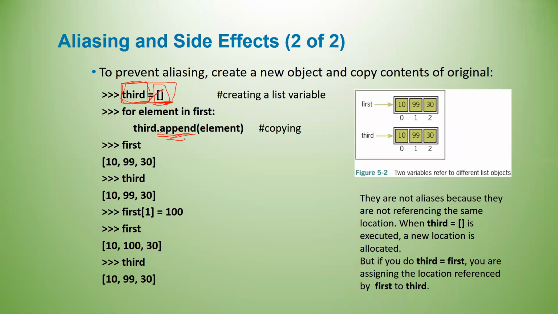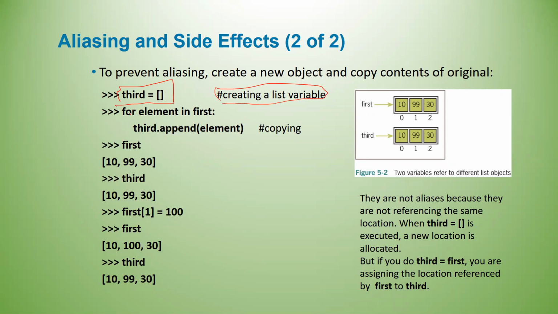If you don't do this, if you simply say third, then it's not a list. You cannot append, because append is a mutator method of the list object. So you have to make sure third is a list. That's how you express it, creating a list variable.